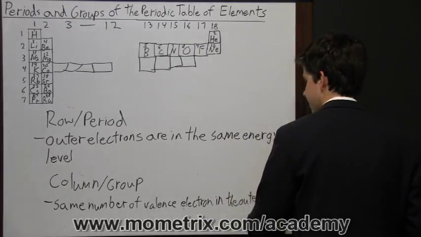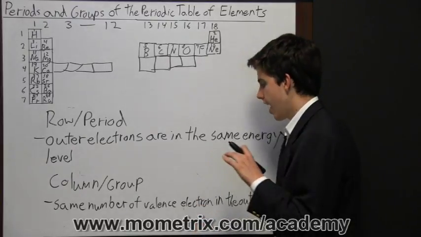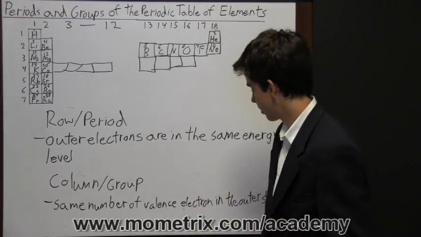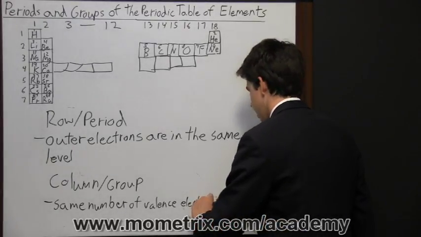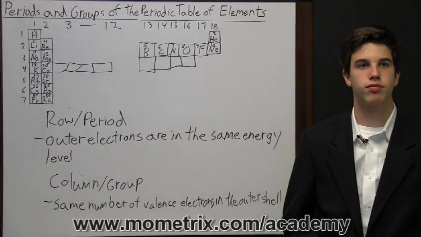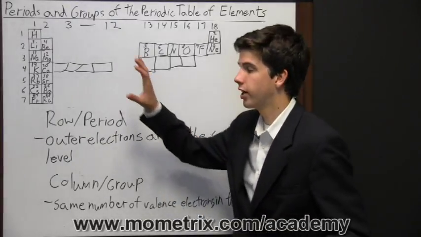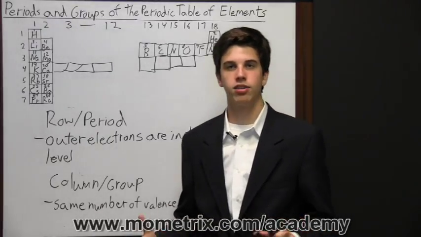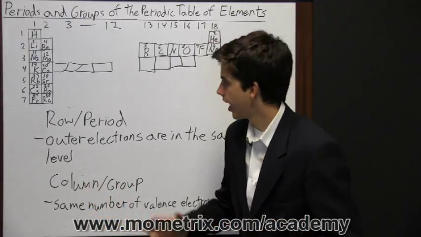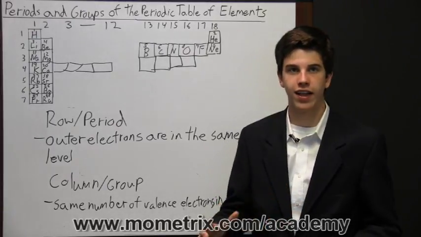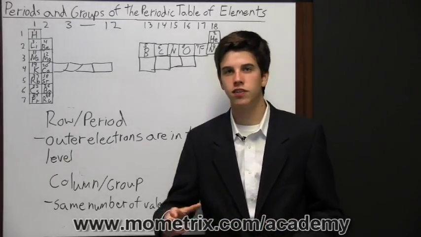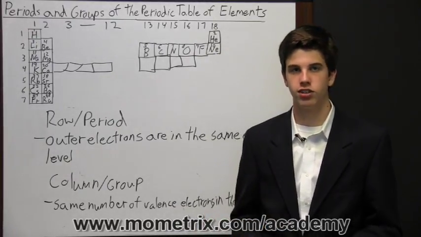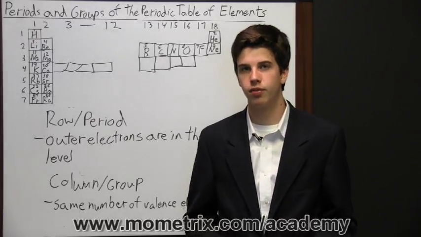So all of the elements in the same column or group have the same number of valence electrons in the outer shell. For example, up here you have the elements beryllium, magnesium, calcium, strontium, barium, and radium, all in that same column. Each of these atoms is going to have 2 electrons in the outermost energy level.